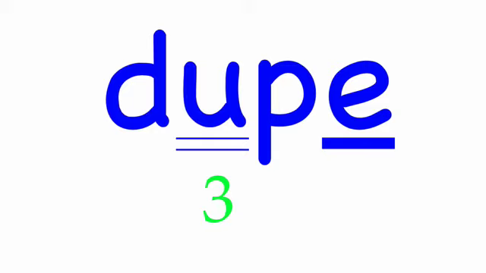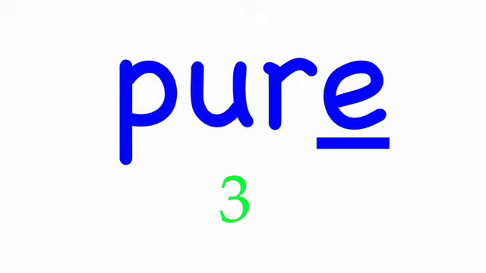The next word is pure. Pure. The snow is pure right after it falls. Pure. Now this word has 4 sounds. The first sound, P. The second and third sounds, U. And the final sound, R. Pure. Now here, U is representing the sounds Y and OO combined.